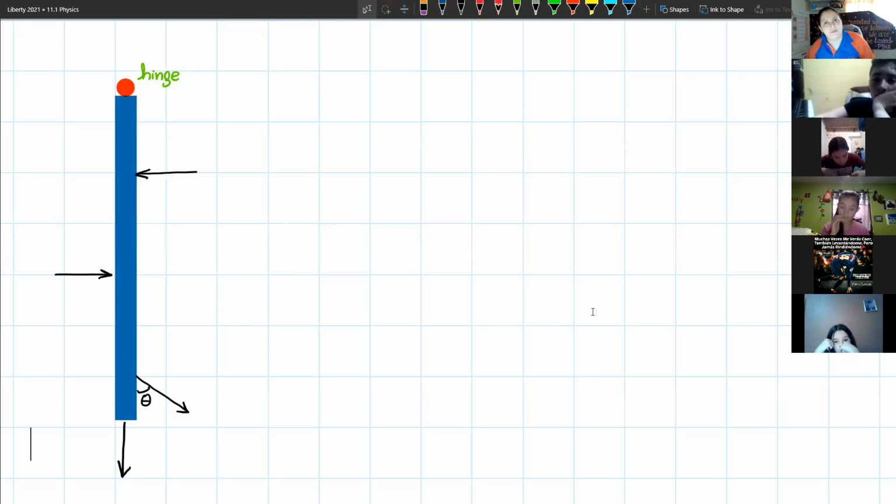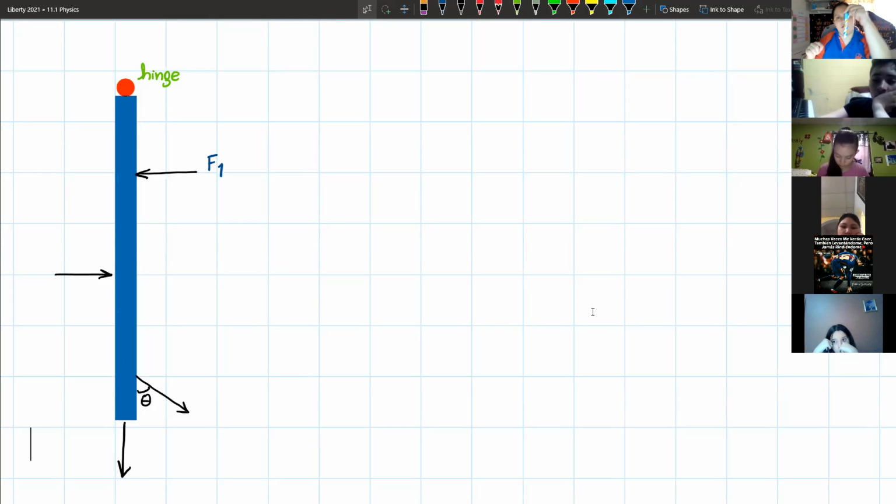Okay, so analyze this. In this case, it's a column, okay? Analyze this column. If I apply a force, I will call this force 1. Am I going to create rotation? Hold the pencil from the eraser in the position of the hinge. Are you creating rotation? Is rotation produced by the force 1?